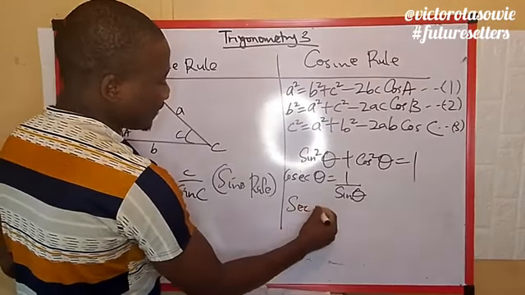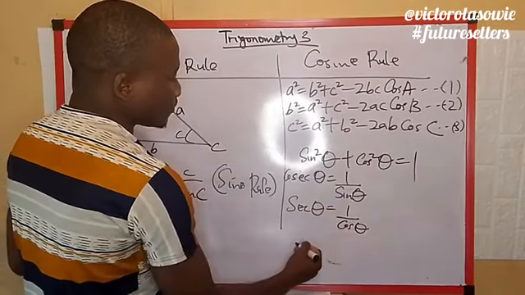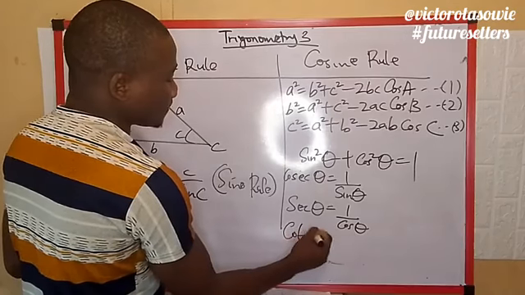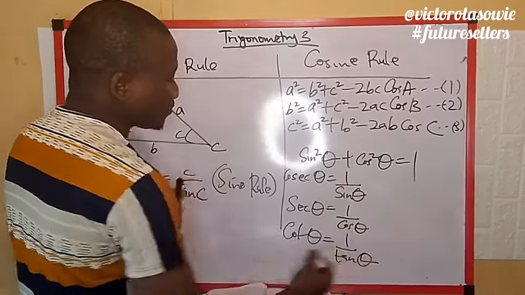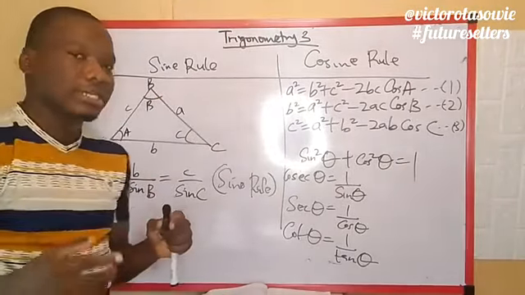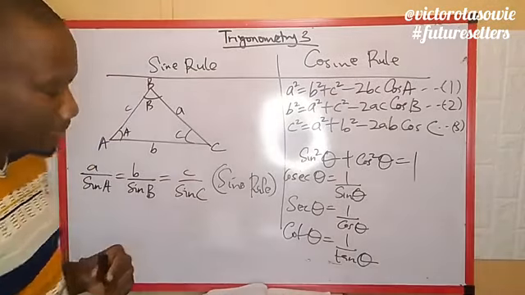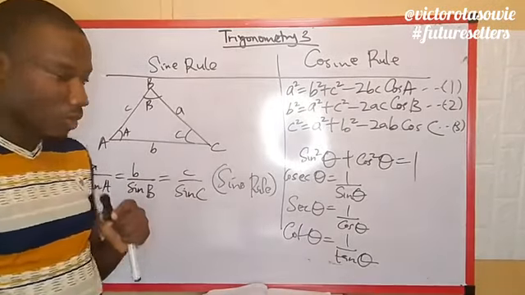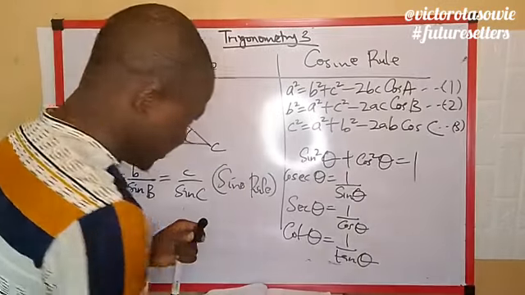Sec theta is equal to 1 over cos theta. Then cot theta is equal to 1 over tan theta.